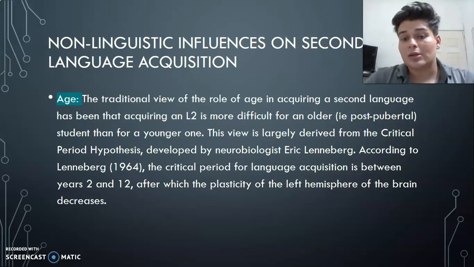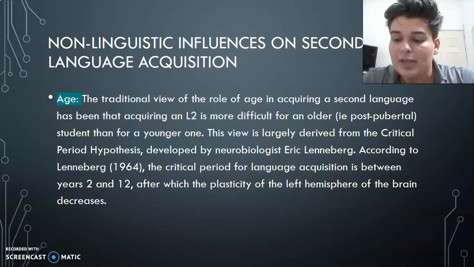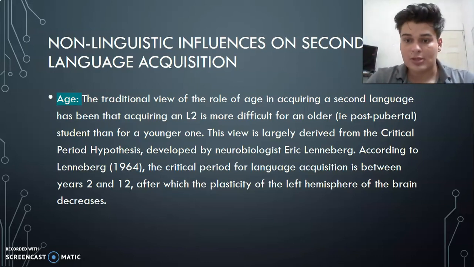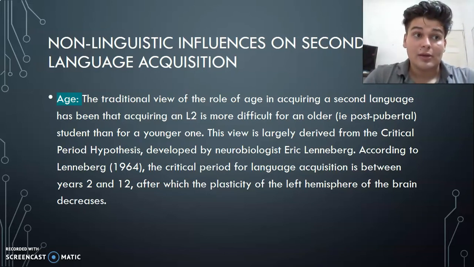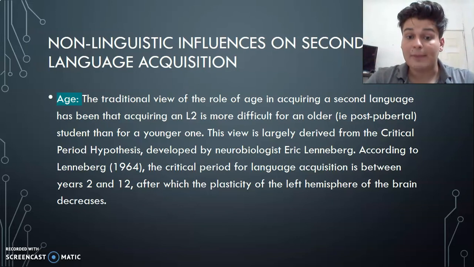And it's also easier for children to learn another language because they are in the critical period, where they can learn everything quickly without much effort. But this is a little bit true and false, because if we have motivation to learn another language, we can do it without being a child.